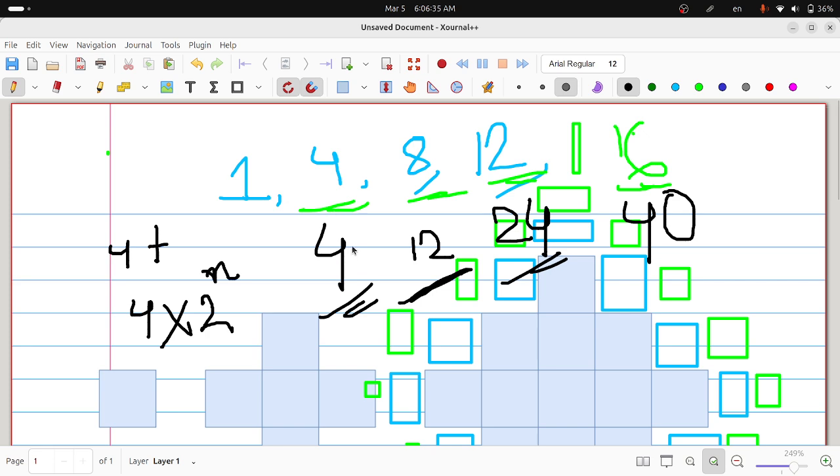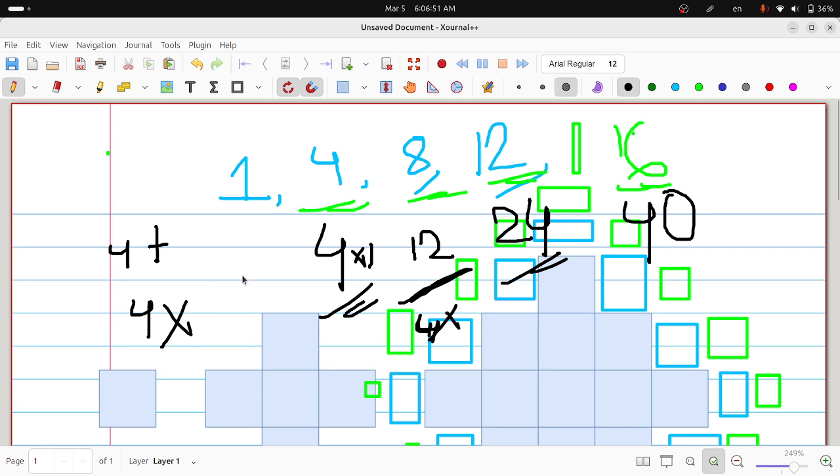So 4 into n minus 1 maybe. Okay. So 4 into 1, or maybe 4 into n minus 1. Is it 4 into n minus 1? n plus 1 maybe, I don't know.